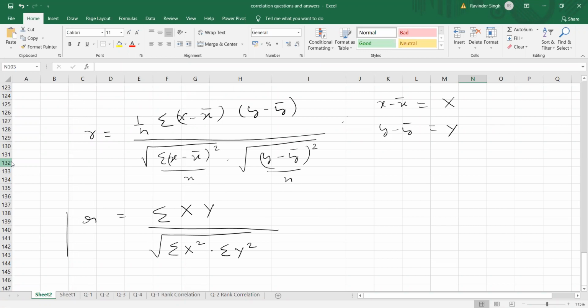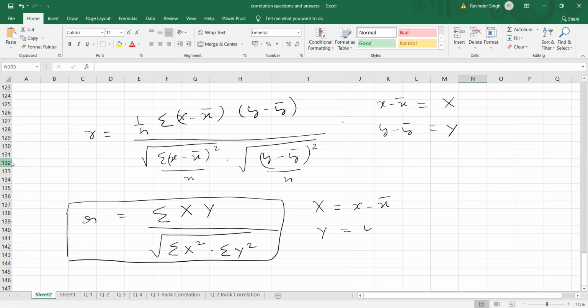This is the R value. If we use this R value, where your capital X represents x minus x bar and capital Y represents y minus y bar, I will get the relationship of R, whether it is 1 or close to 1, whatever the value we have, that value we will get.